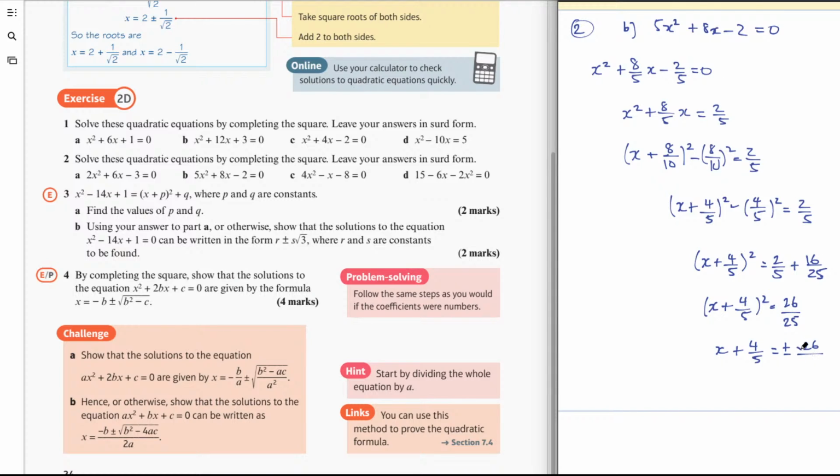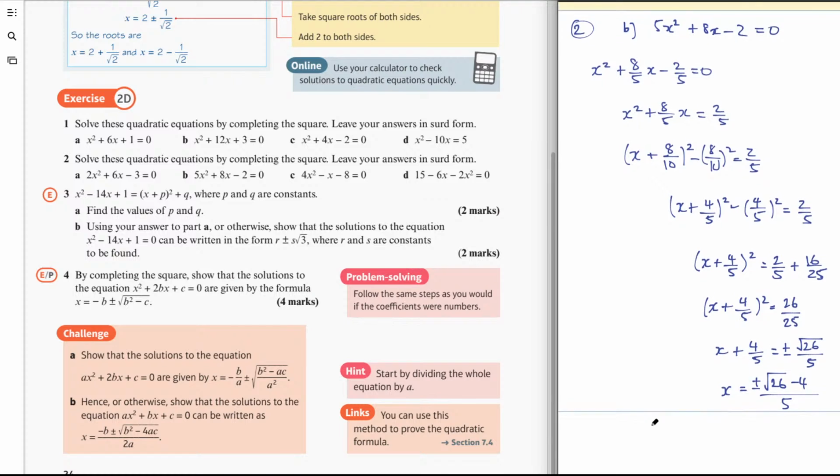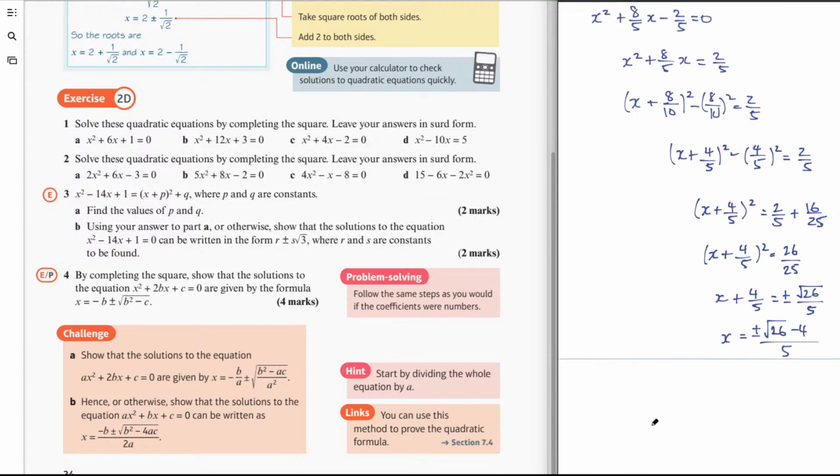So this is positive or negative root 26 on 5. And then take that 4 on 5 from the right hand side. This is x equals positive or negative root 26 take 4, all over 5, because they have the same denominator. Okay, wow, that was quite long.